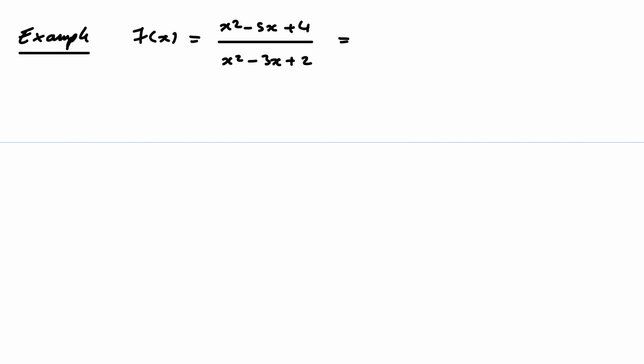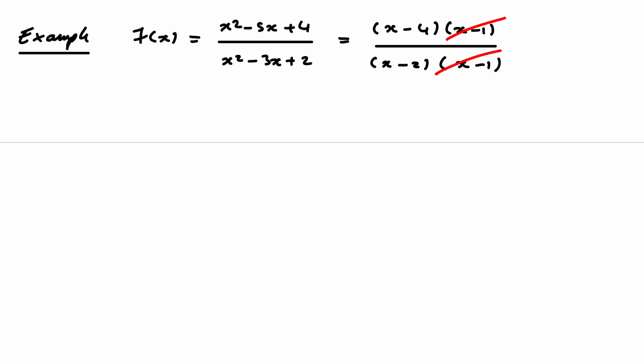What's going on? The top all factors fairly easily. This is x minus 4 times x minus 1, divided by x minus 2 times x minus 1. So before you rush in and cancel this stuff off, no, we need to be much more careful.